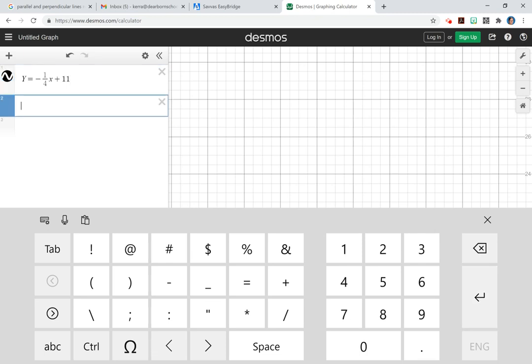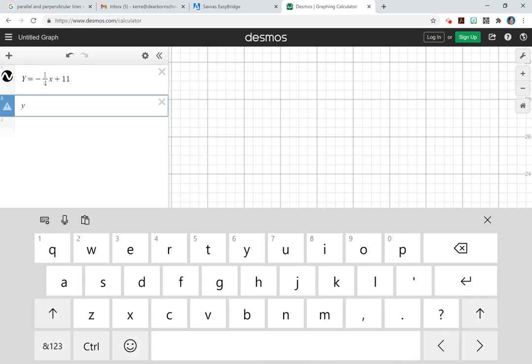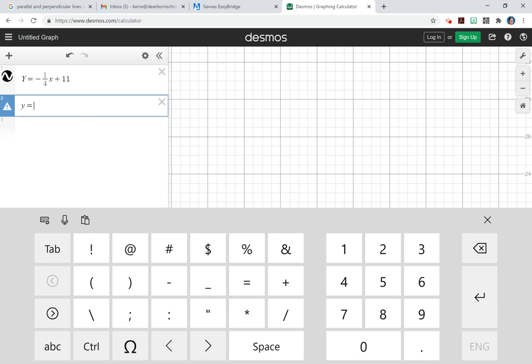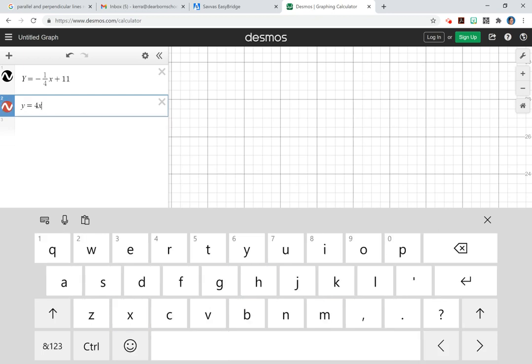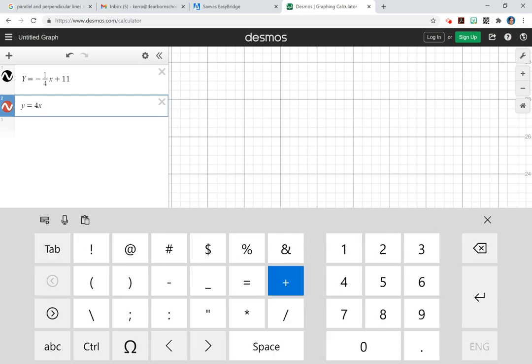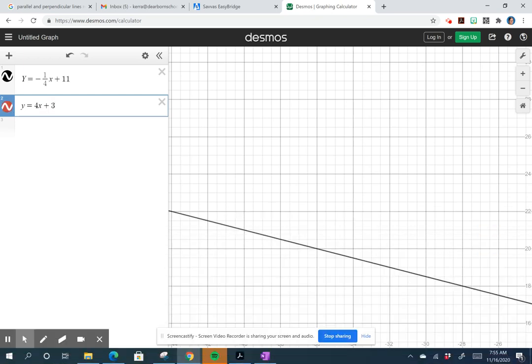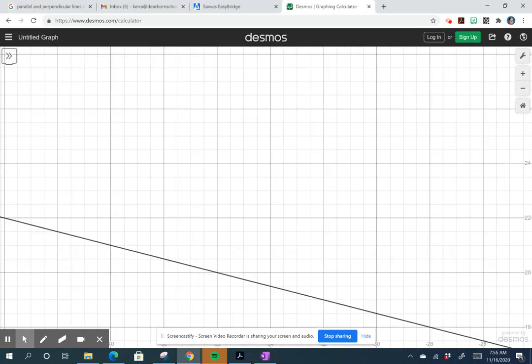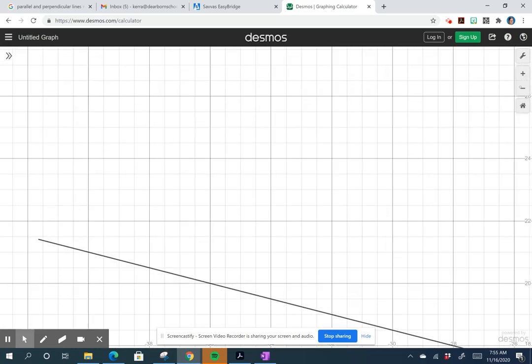And then we have our new equation, which is y equals 4x, and then I believe it was plus 3. I'll double check in a second. Okay, so now we can check. Remember, you may have to play with the zoom.